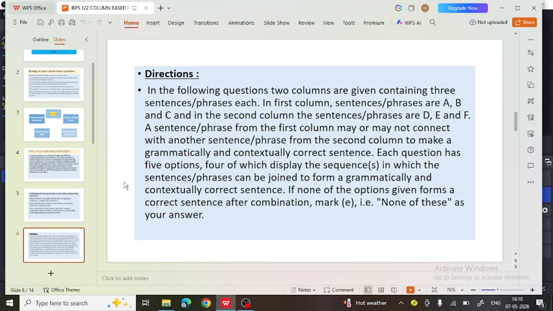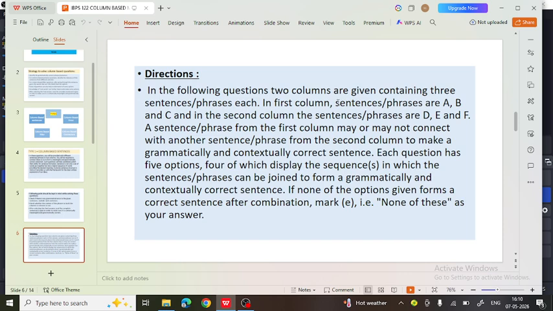Now see the type of question you get under this heading. In the following questions, two columns are given containing three sentences or phrases each.